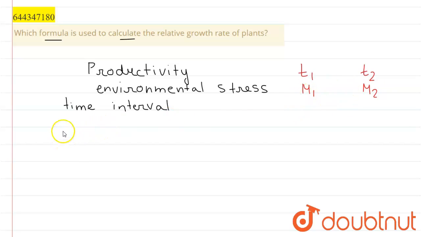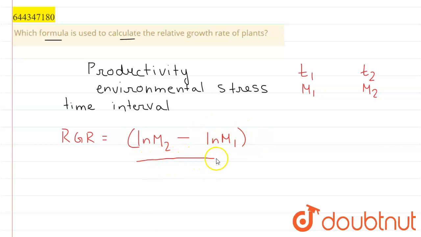Now, relative growth rate, which is also defined as RGR, is a differential calculus equation. It is calculated as the logarithm of M2, that is the mass during the second interval, minus the logarithm of the mass during the first interval, and we divide it by T2 minus T1.